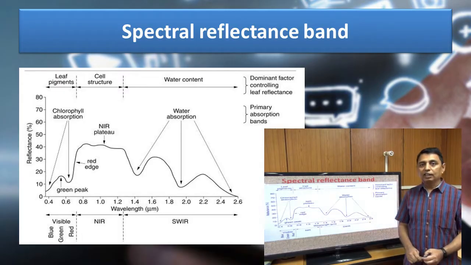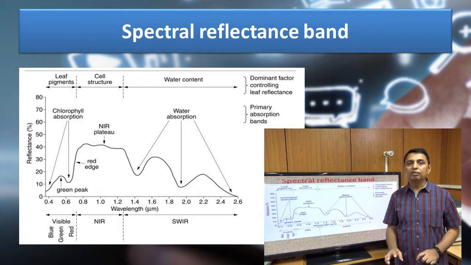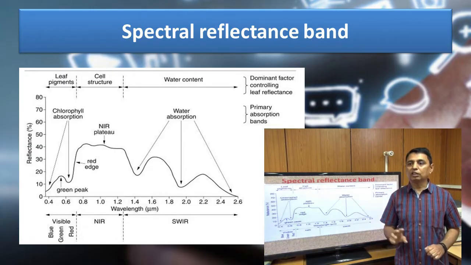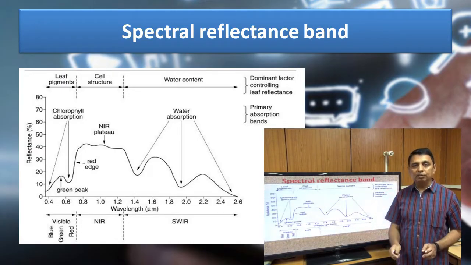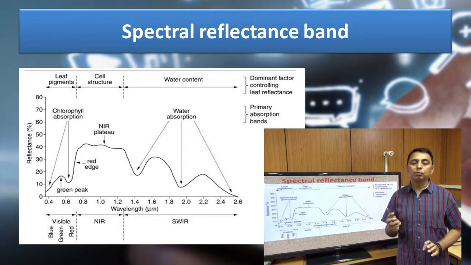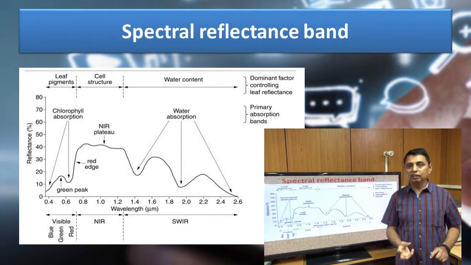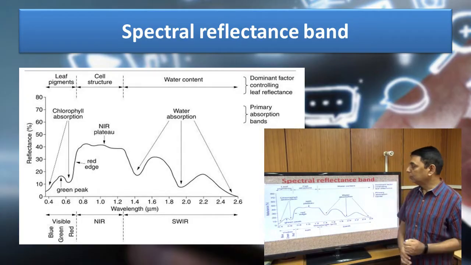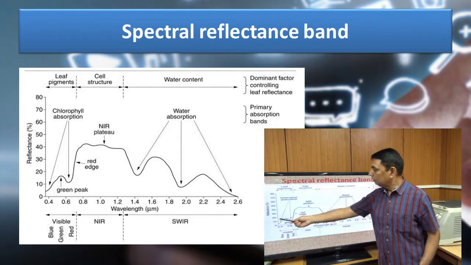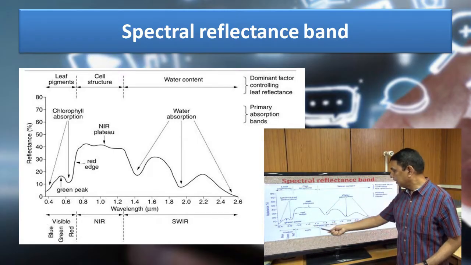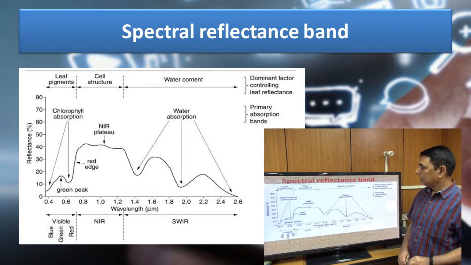Whatever electromagnetic wave falls on the surface feature, only a few parts are reflected back, a few parts are absorbed, a few scattered. Here I have given reflectance percentage, and here is the wavelength.